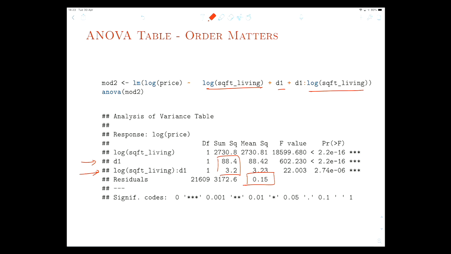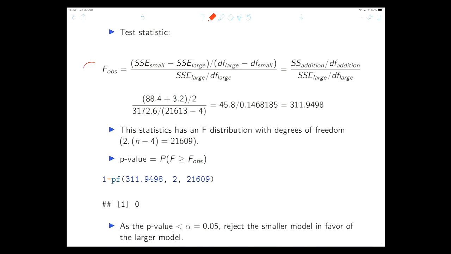That's what this formula is talking about: the extra sum of squares for waterfront, plus the sum of squares for the interaction term, added up, divided by both their degrees of freedom, so that's 2, divided by the mean squared error, which is just the mean squared error for the full, large model. This gives us an F statistic of approximately 312.